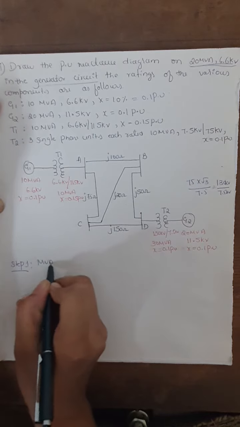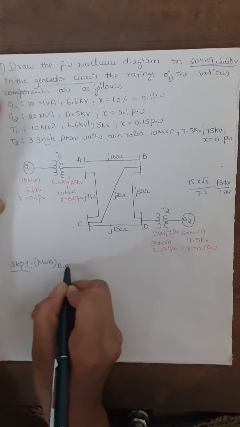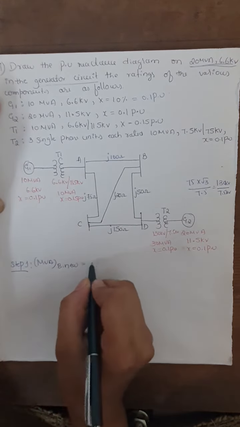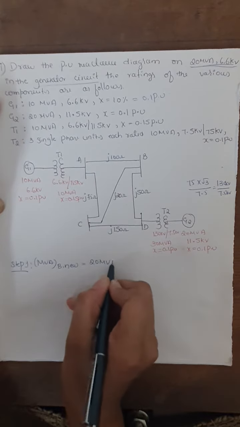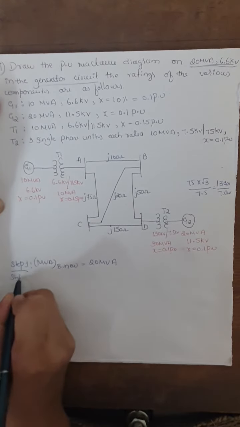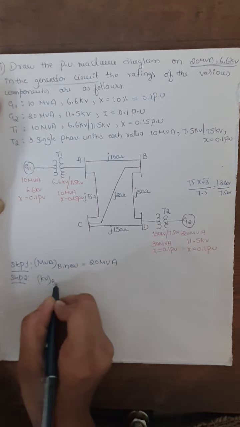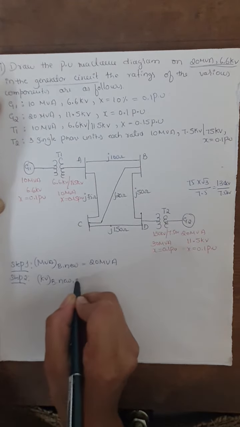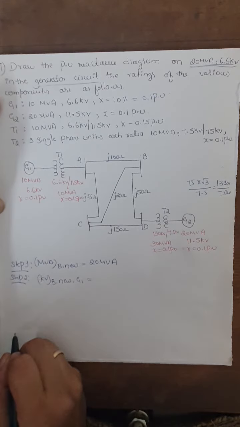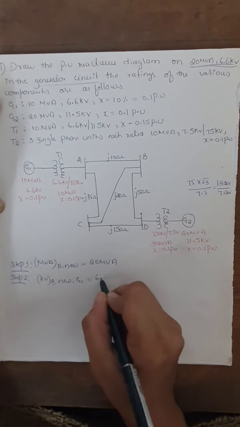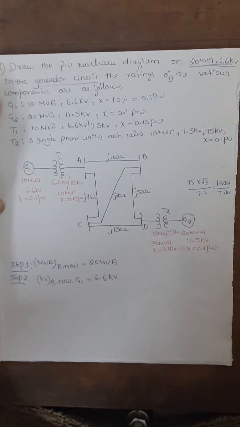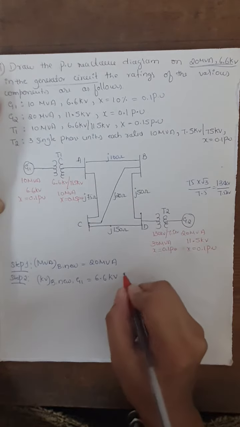So MVA base new is equal to 20 MVA. Then step 2 will be kilovolt base new of generator 1 will be equal to 6.6 kilovolt.